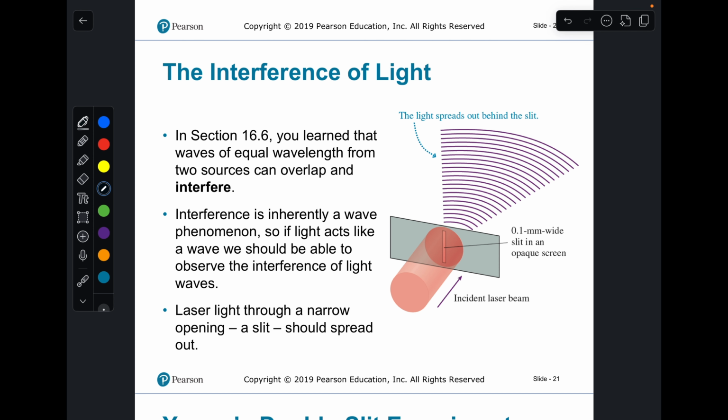For example, if we shine a laser light of some wavelength through a slit that has a comparable width to the wavelength, we're going to get that light spreading out. And what that spreading out is a result of is interference.